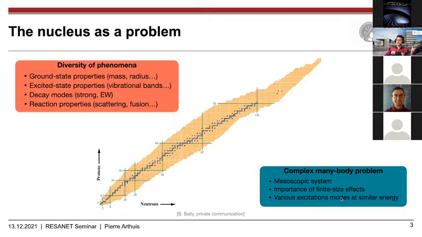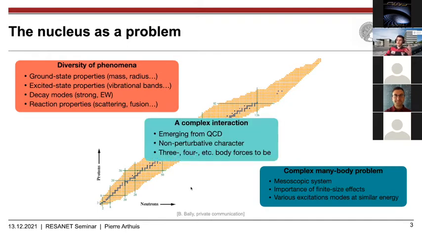We have various excitation modes that arise at similar energies. So we can't really pick between the ones of them that we want to tackle. So we have to take care of everything at once.